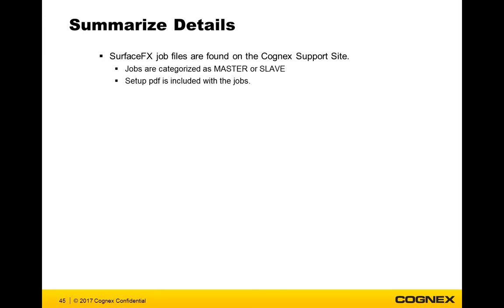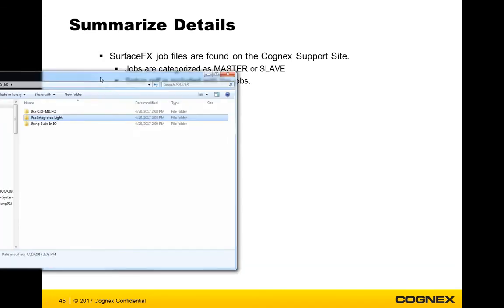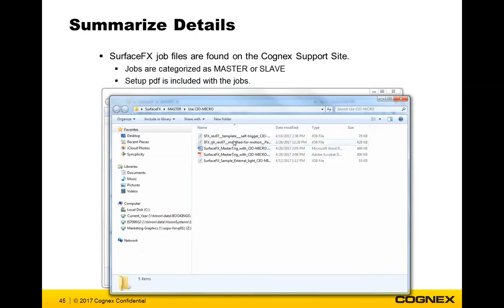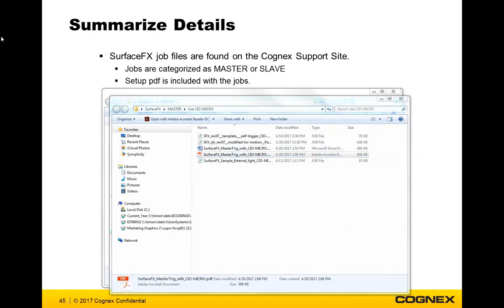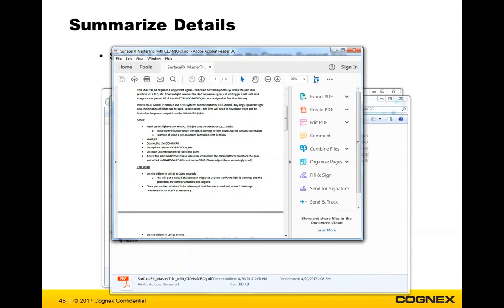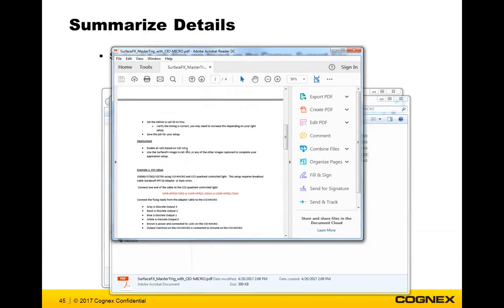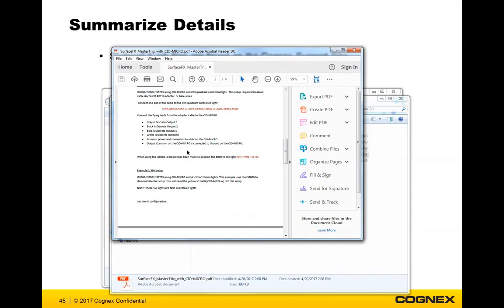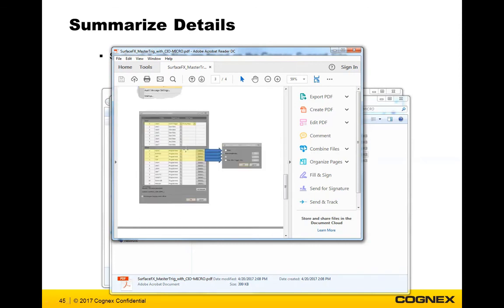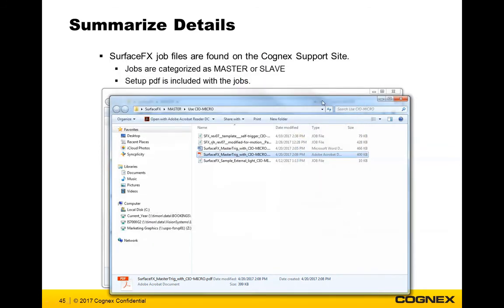So, for example, I have this master folder here that you see. What will happen is I'll probably zip all these together. So if I'm using the CIO Micro, here's a few different jobs you can use, and here is a PDF that will tell you how to set this up. A little bit of setup, how to test it, how to deploy it, and an example setup. 2 example setups for you. One's using SVL, one was using the CCS. So that is available to you to reference.